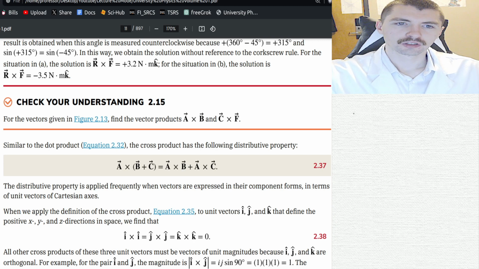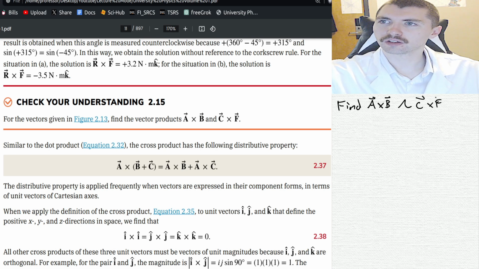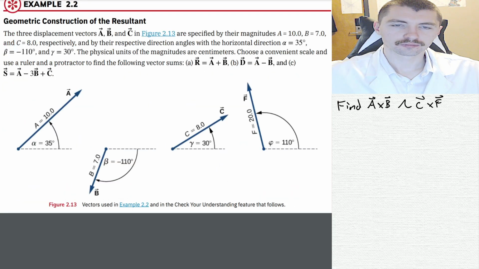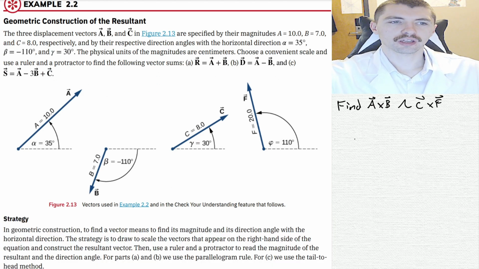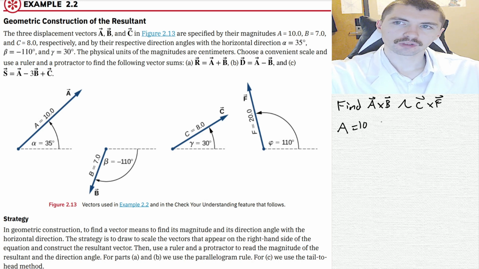So find A cross B and C cross F. All right, so A is 10 and B is 7.